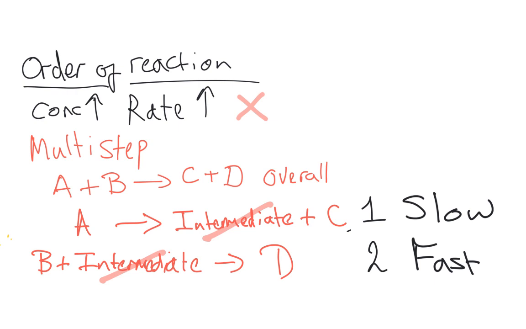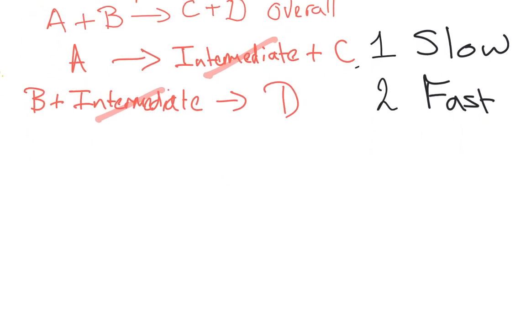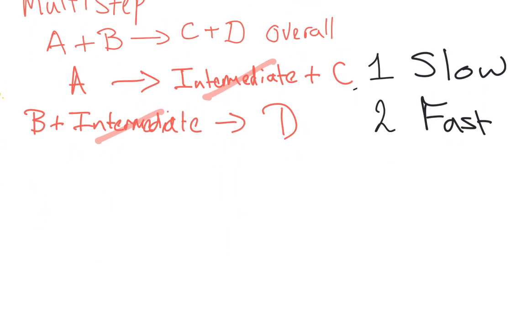So why does that matter? Well, it means that if I look at my equation here, and if I was to increase the concentration of B, what does that do? Well, it increases the rate of step 2. But step 2 was the fast rate anyway.